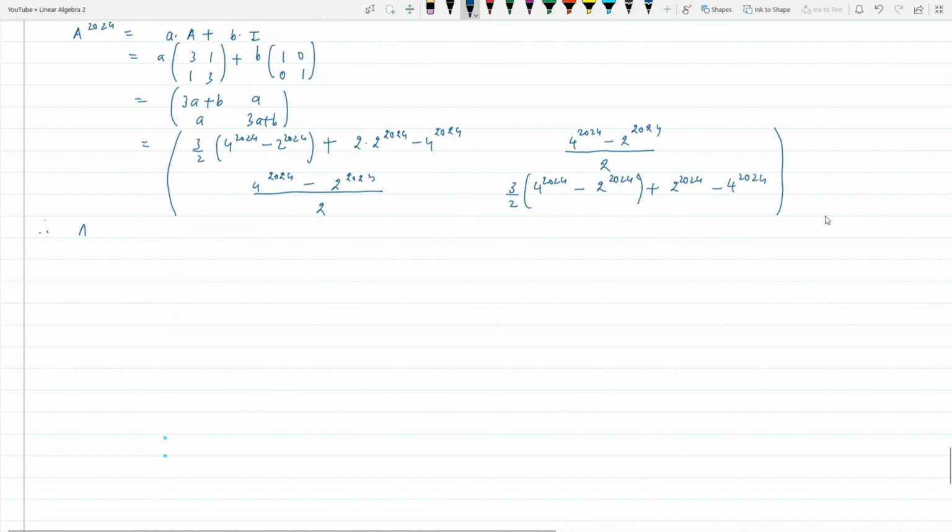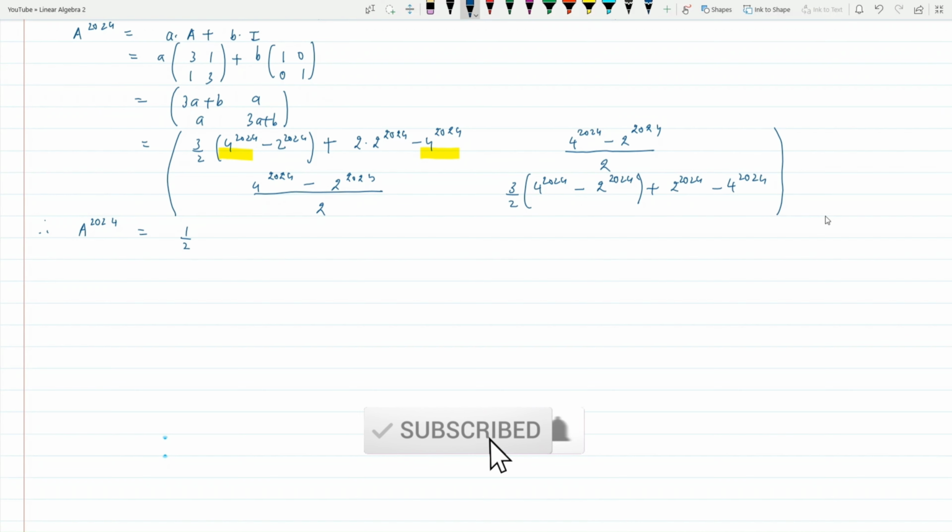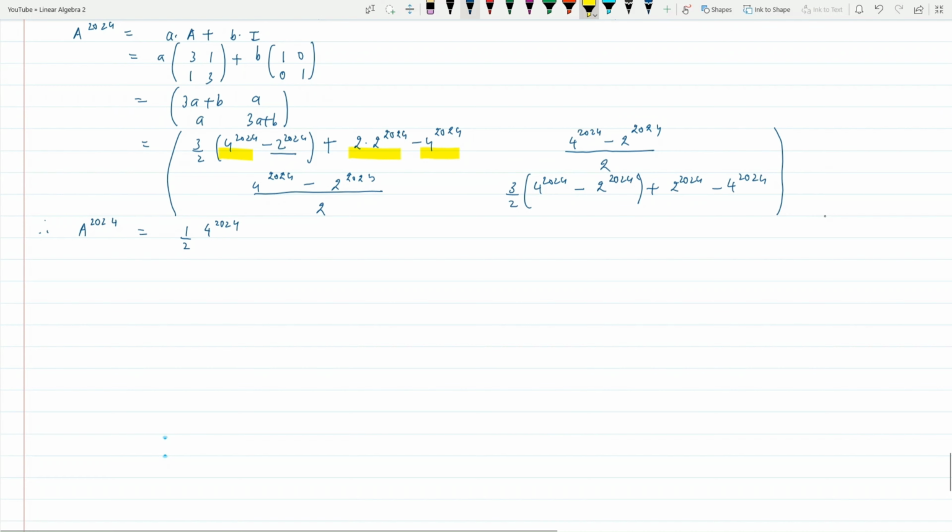So therefore A raised to 2024 is equal to, we have 3 by 2 times 4 raised to 2024 minus 1 times 4 raised to 2024, so that is going to give us half 4 raised to 2024. And then again we have 3 by 2 times 2 raised to 2024 plus 2 times 2 raised to 2024, and that is going to give us minus half times 2 raised to 2024.